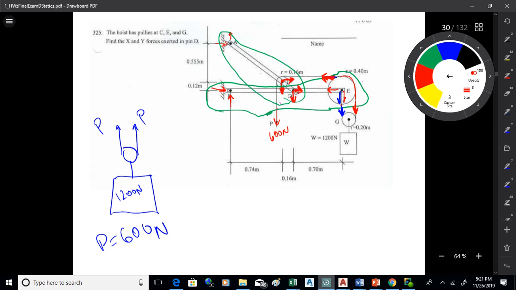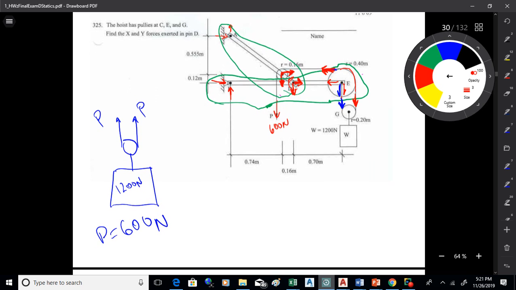Even though it looks like I'm drawing around that, I'm not really cutting through it. All I'm cutting through is this member right here to isolate the pin joint. I don't have to concern myself with that downward 600 newton load because that's attached to the pulley above. So I'm not cutting through that as I isolate the horizontal member.